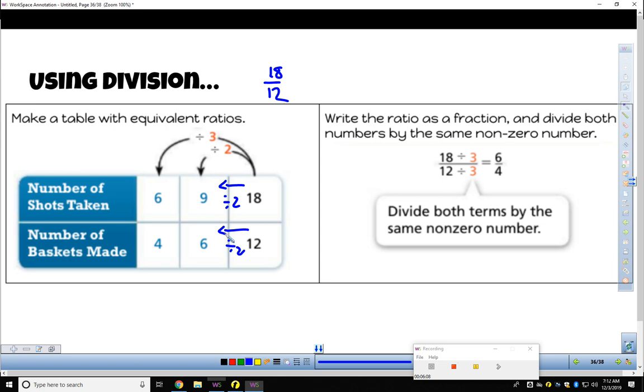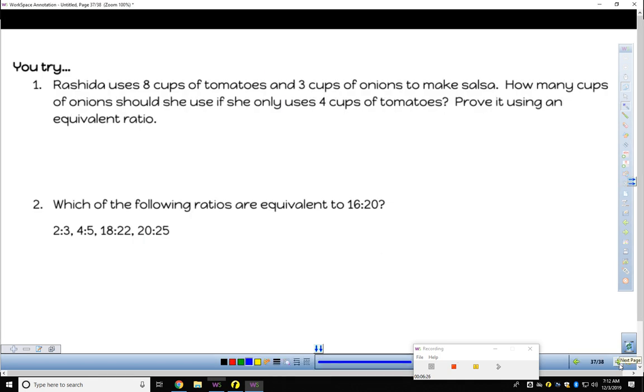And again, here with a fraction, you'll notice that they're just dividing the top and the bottom, written as a fraction, both by 3. So here are some for you to try, and I would encourage you to pause the screen and try them both.